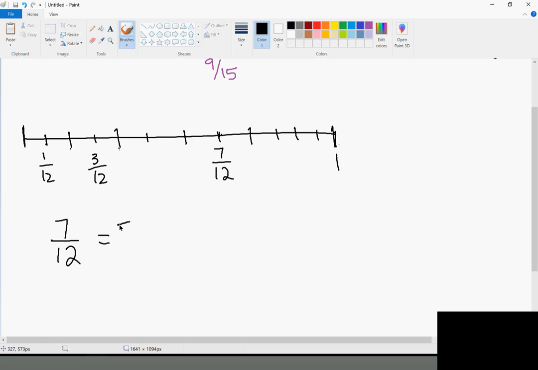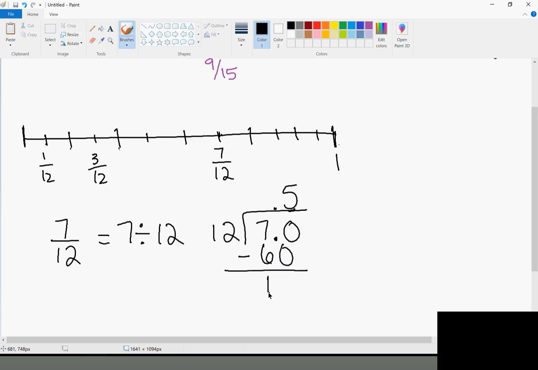So 7 divided by 12. 12 can't go into 7, but if I add a 0 here and put the decimal, 12 can go into 70. How many times? Let's see, 12 times 5 is 60. That's the biggest number it can go into 70. 5 times 12 is 60.